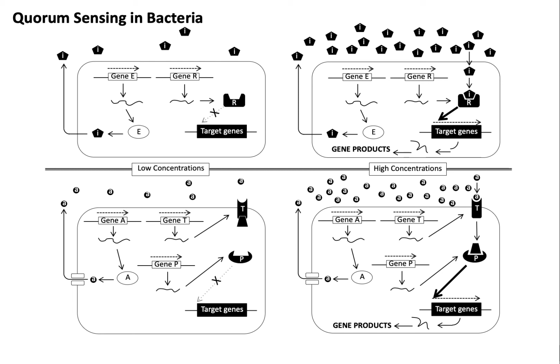Another type on the bottom is when the inducer is a different type of molecule, more of a hormone type. And at low concentrations, again, nothing happens, but at high concentrations, it will interact with a receptor on the membrane, a transmembrane protein, which will then send a signal inside the cell to activate a transcription factor and promoter, which will then activate those gene products.